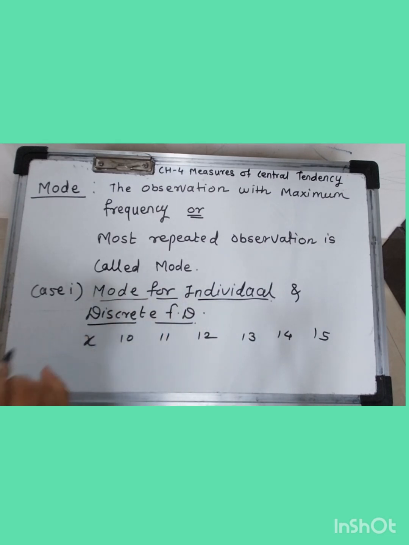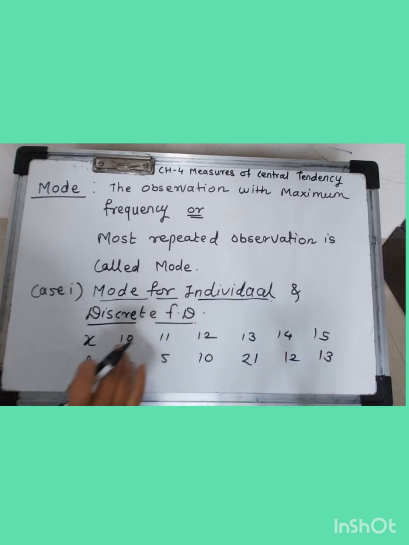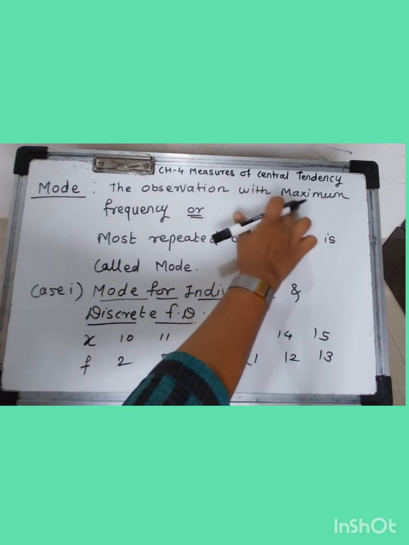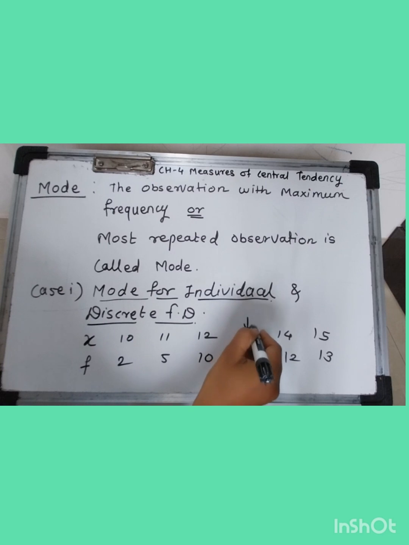We call it discrete. Fixed values, isolated values, we call it discrete. Corresponding frequencies 2, 5, 10, 21, 12, 13. See, the observation with the maximum frequency. Okay, the maximum frequency is 21, but the observation is 13.